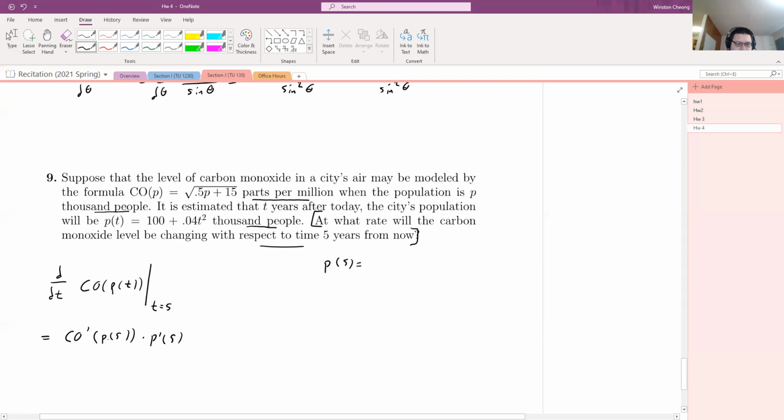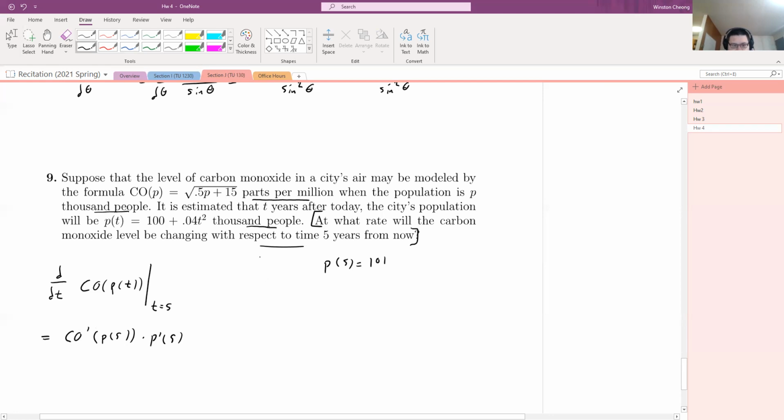So first thing I would like to do is calculate P of 5. So you would plug 5 into here, and you would get 101. That one you may or may not be able to do mentally. Then another thing we're going to need is to plug this 101 into the derivative of the carbon monoxide function.